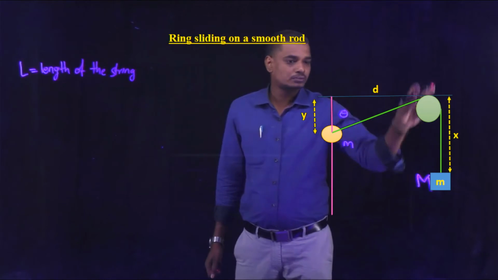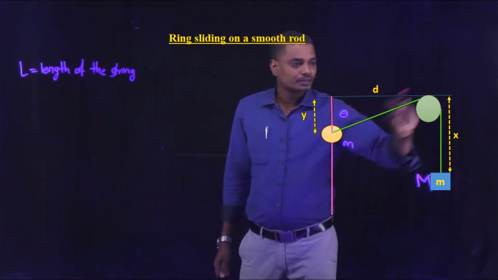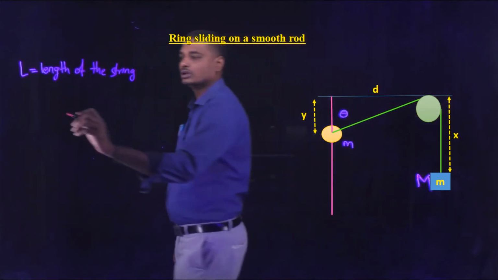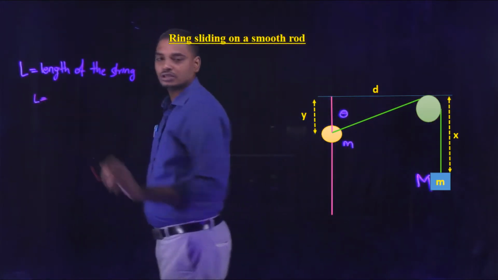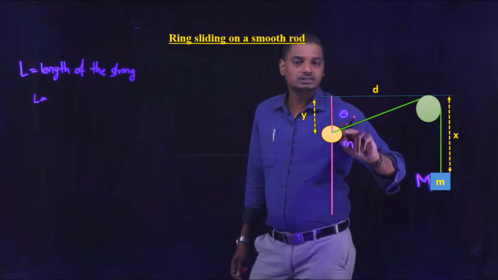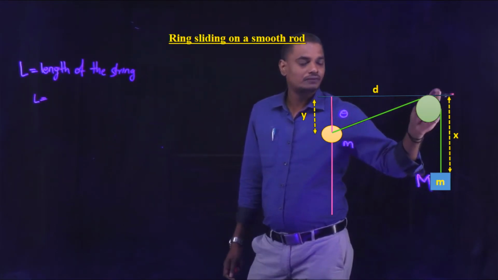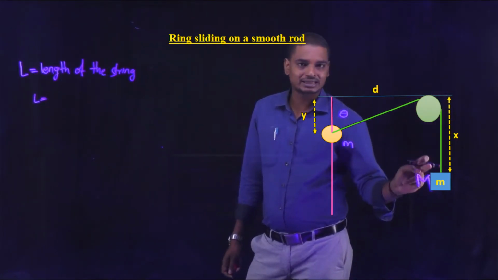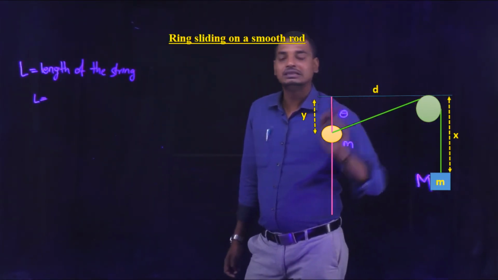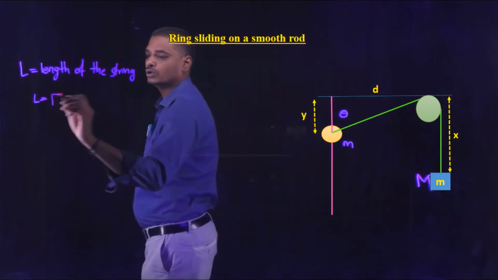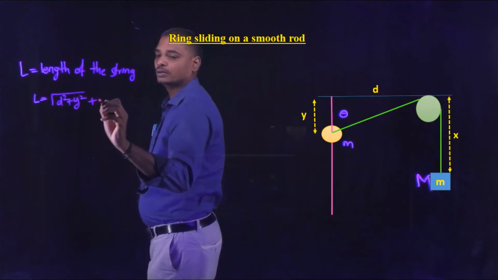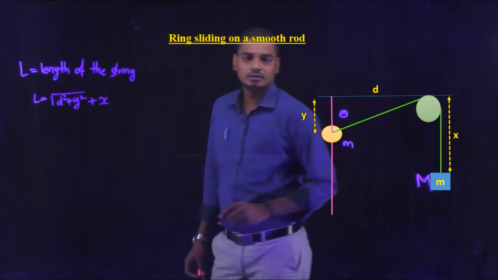As it forms a right angle triangle with an angle theta, the length of the wire from the ring to the pulley is root over d square plus y square, and from the pulley to the block it is x. So L is equal to root over d square plus y square plus x, right or not?